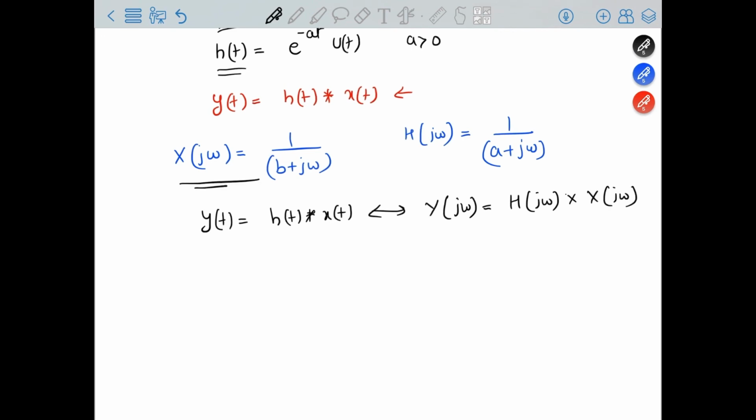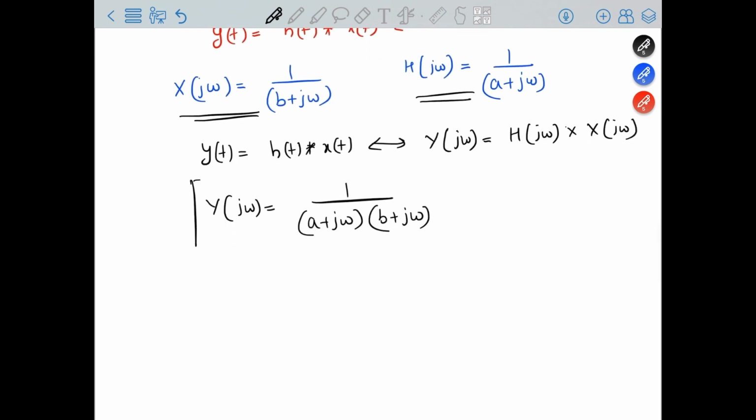Here we have X of j omega and H of j omega, and we just have to multiply to get the output. So Y of j omega can be written as 1 over (a plus j omega)(b plus j omega). Now this is the Fourier transform of the output.